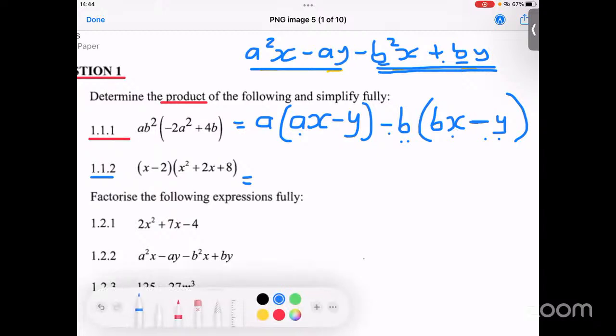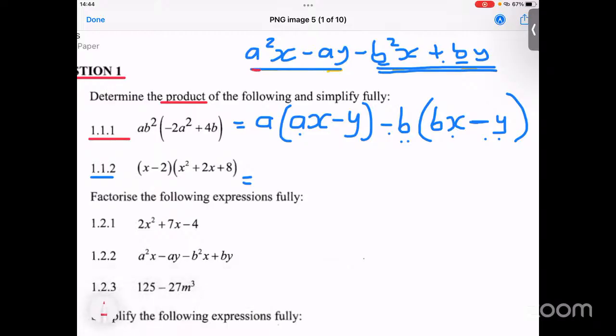Okay, let's see. I think we might need to trace what we have done. We had a there, we took out just one a. And yes, we could only take out one. And here we can only take out one b. Okay, then it's fine.